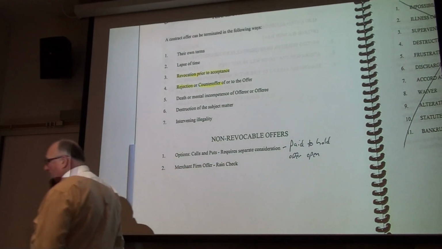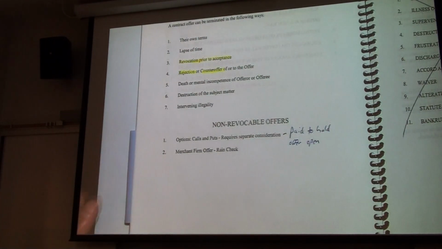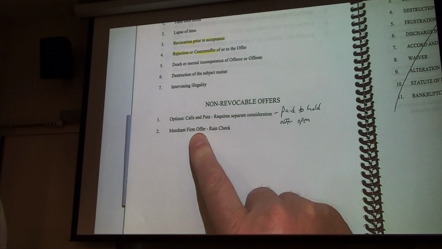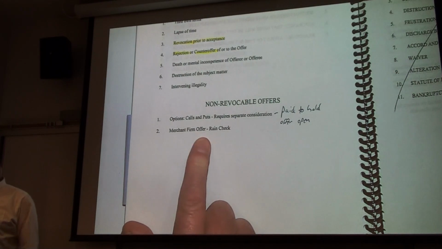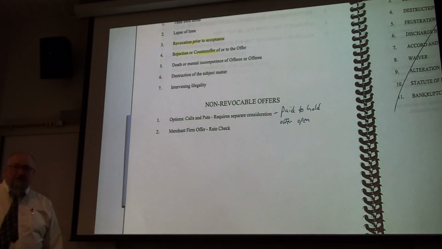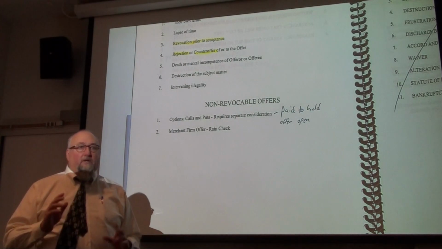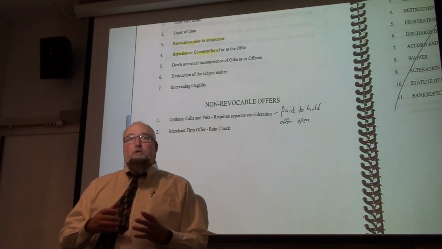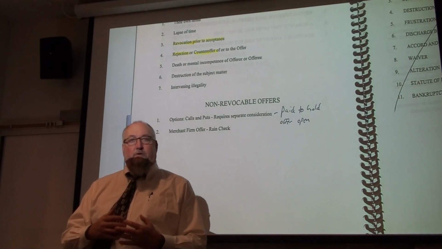Now there's another type of offer that is not revocable. And this is what's called the merchant firm offer rule, which is a fancy way of saying a rain check. You guys have probably heard the term rain check. So if you're a merchant, again, under the Uniform Commercial Code, a merchant is a professional seller of goods.